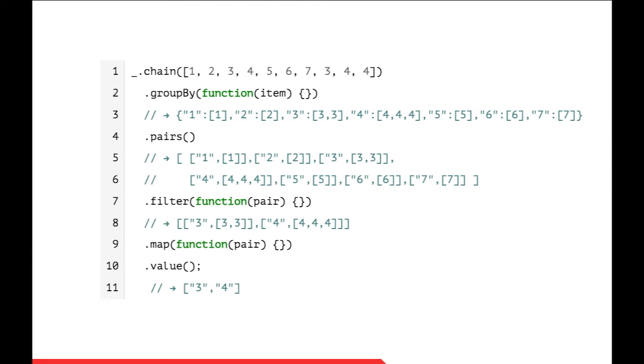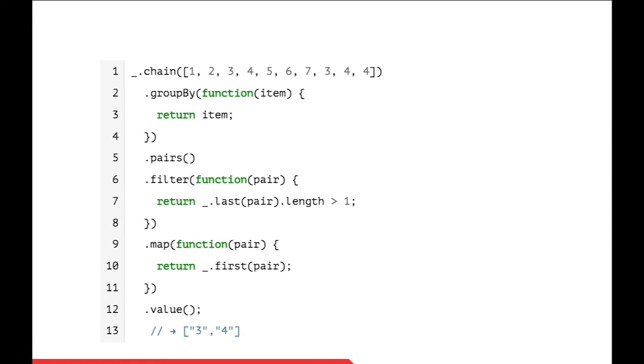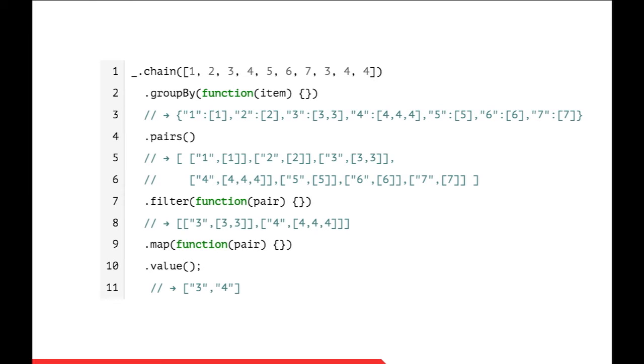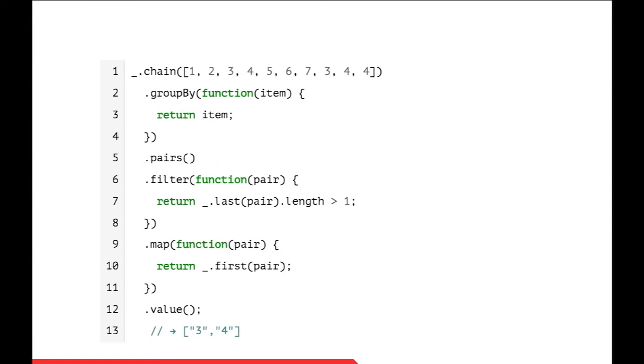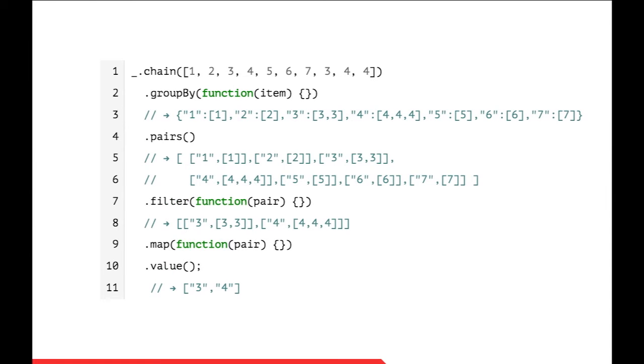We have 2 threes and we have 4 fours, and that is the result of filter. And then we just map. We take the first value of the pair, the name 3 and 4, and we have the result. Here we have found 3 and 4.